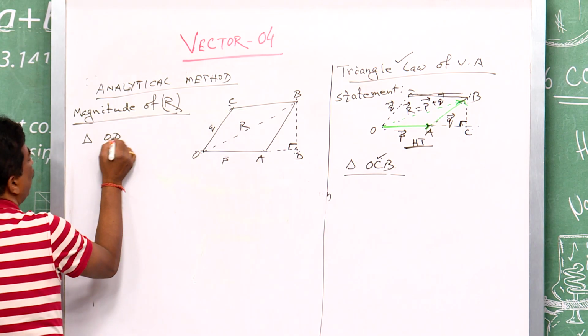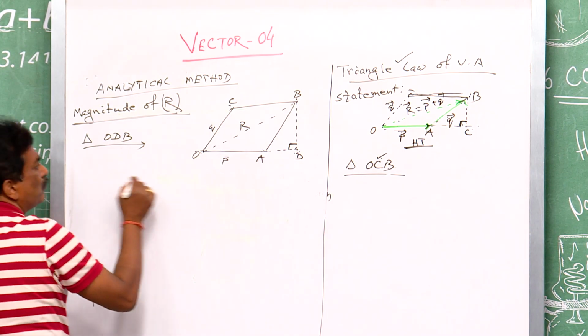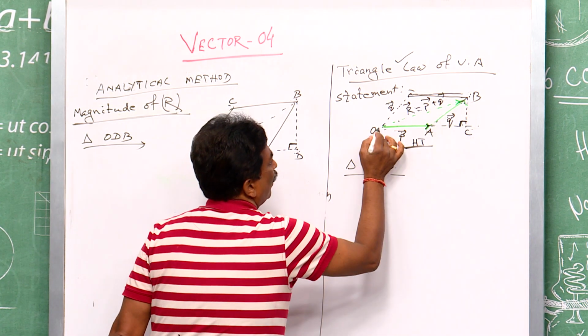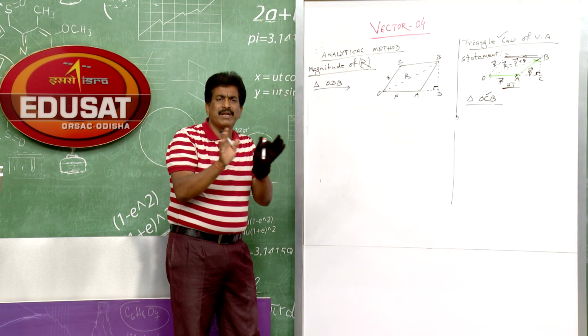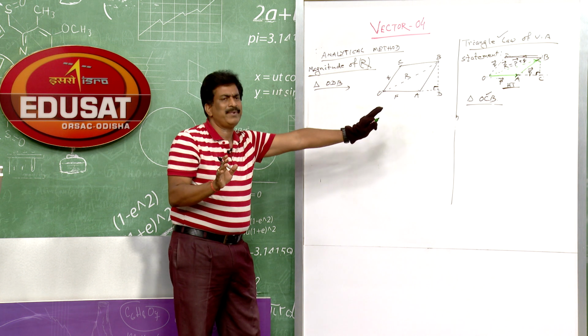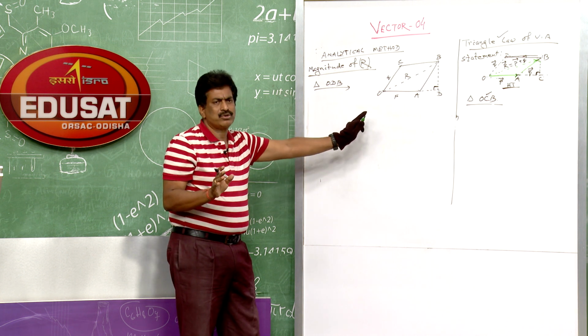In the triangle ODB, you see for this right angle triangle we have taken OCB, and here it is ODB. But both the cases are the same. Therefore, I am writing that side and also this side.